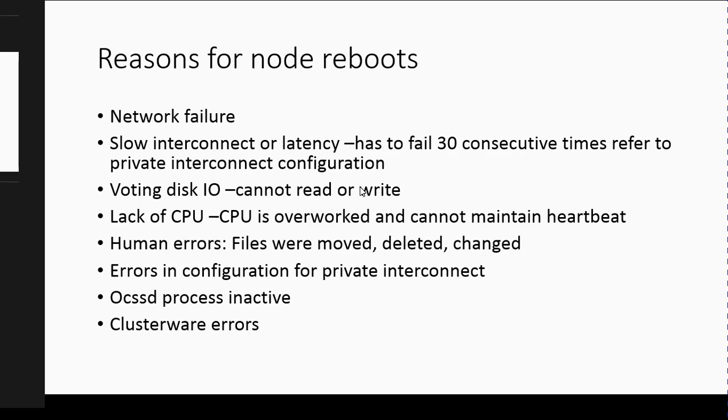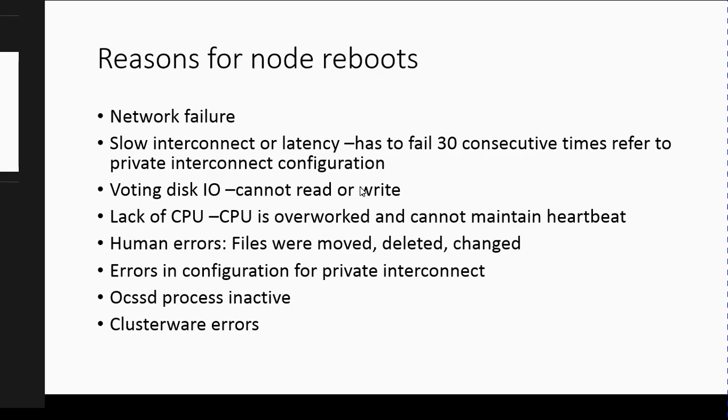And also you have voting disk I/O. Basically what this means is that, as I've already explained to you guys, the voting disk cannot be read or cannot be written to. Again, blocks of space have been taken up, so the node has to self-evict. And then another thing to consider is the CPU.